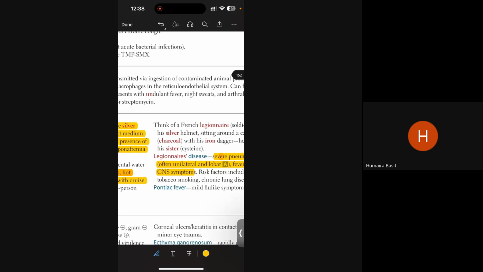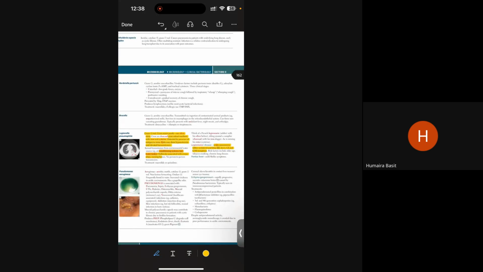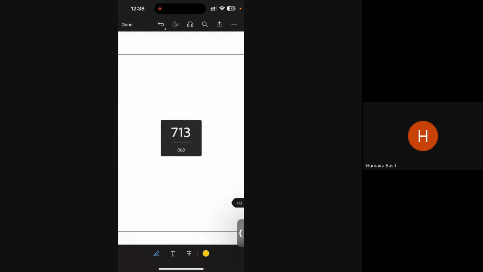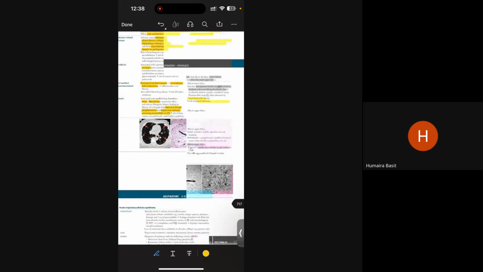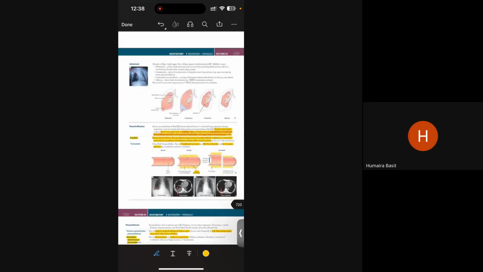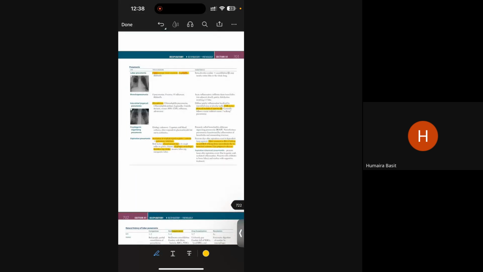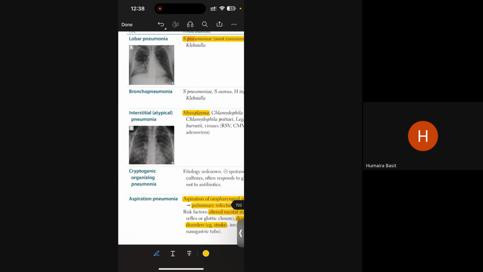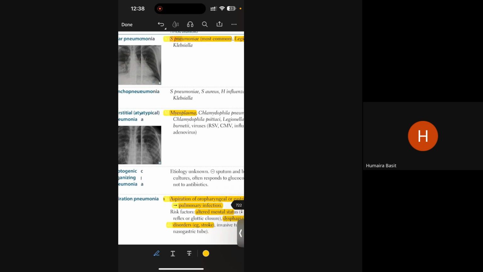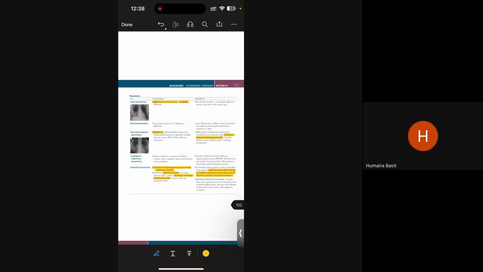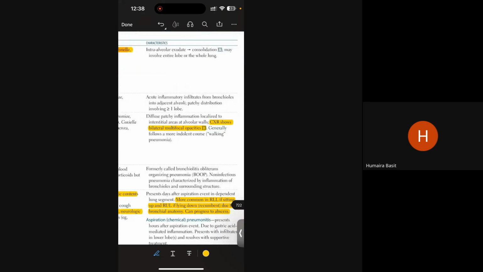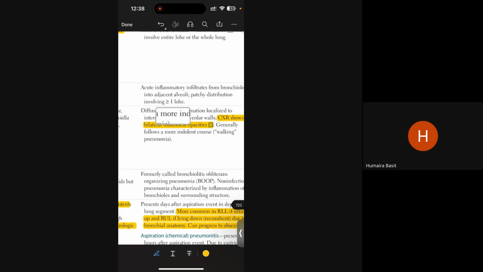And mycoplasma pneumonia causes what? Interstitial atypical pneumonia, in which you are going to see bilateral multifocal opacities and a much more indolent course, walking pneumonia.